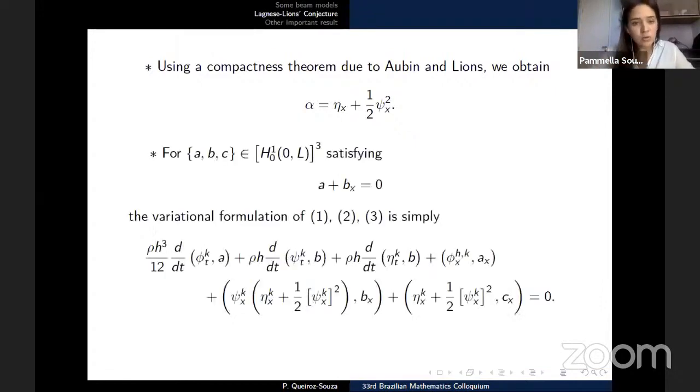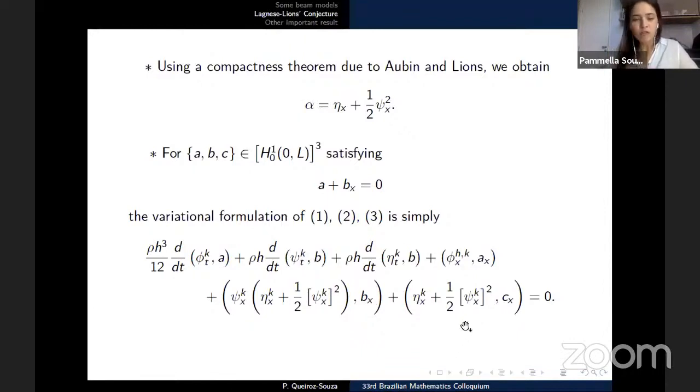And so for A, B, and C in an appropriate space, satisfying this condition, that is A plus Bx equal to 0, the variational formulation for the nonlinear one-dimensional Mindlin-Timoshenko system is something like this.